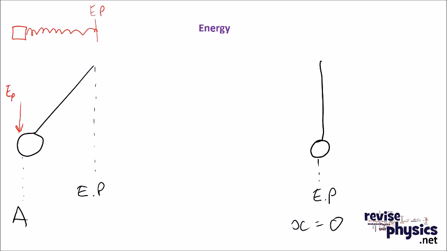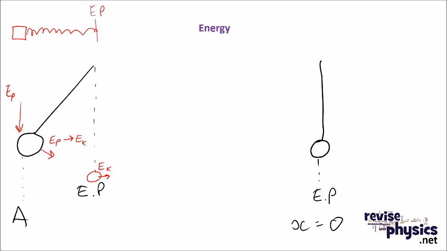As it swings towards the equilibrium position, that gravitational potential energy is going to change to kinetic energy. Until when it gets to the bottom of the swing, it's going to have minimum gravitational potential energy and maximum kinetic energy.